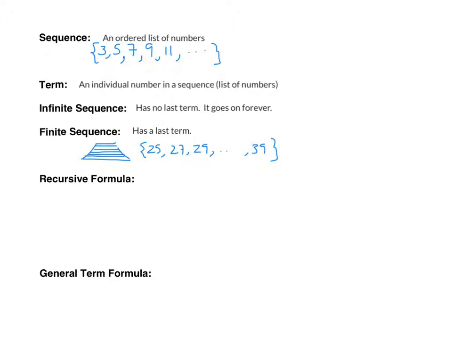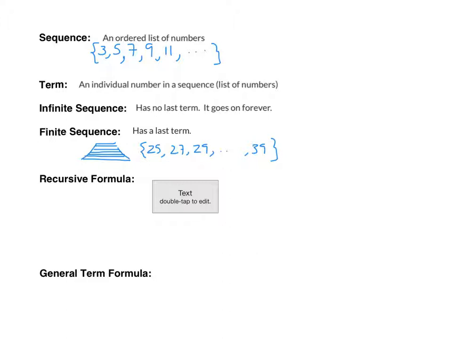So a recursive formula, if you're into any kind of computer programming stuff, computers were designed to make tasks that were very repetitive much more efficient, so you don't have a human calculating the same thing over and over again. And to do that, it just keeps calling the same bunch of code up and reiterates it or goes through it over and over again, or it recurs, it calls itself up.